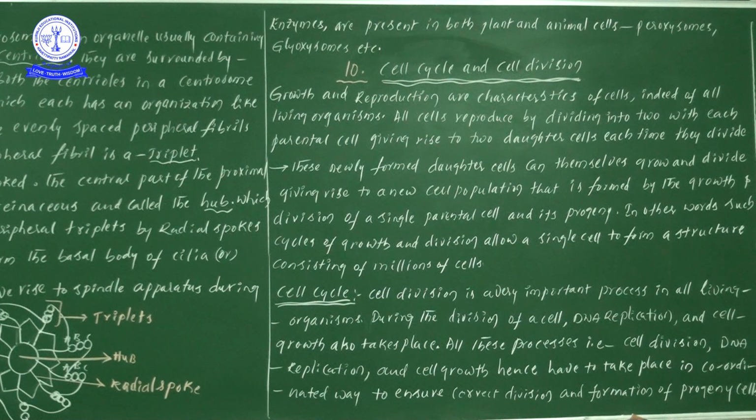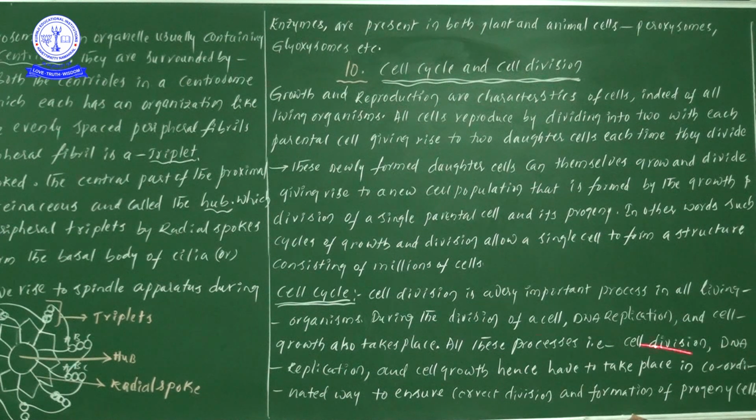Underline it and remember. So during cell division, DNA replication takes place, as we have learned already, and the cell growth process also takes place. So cell growth and DNA replication both occur during cell division.